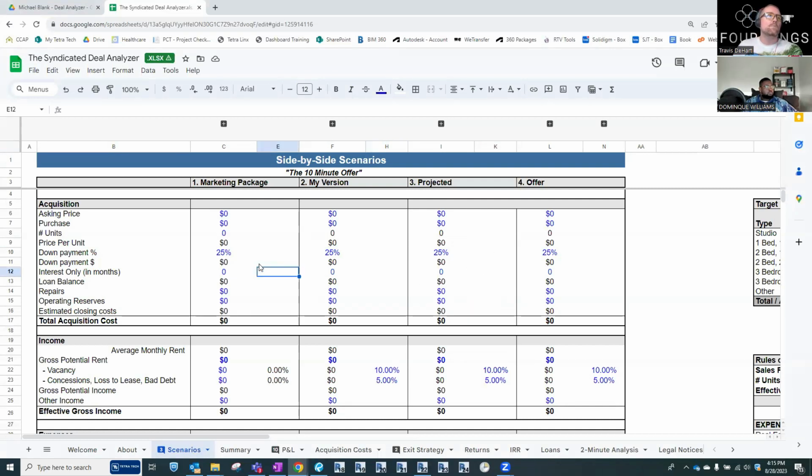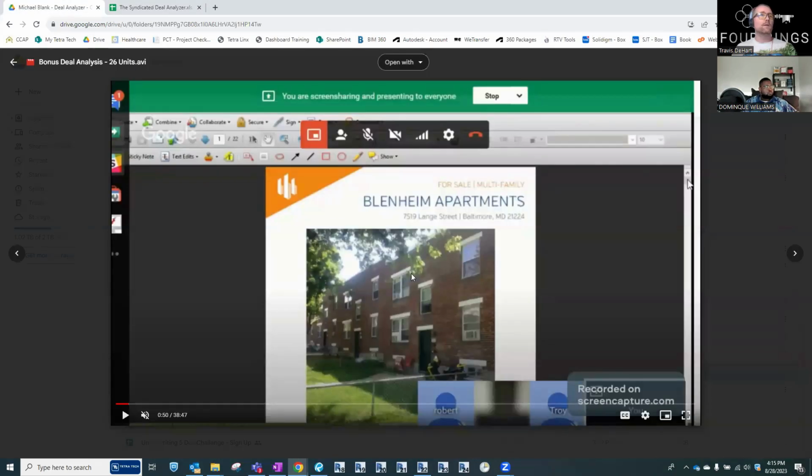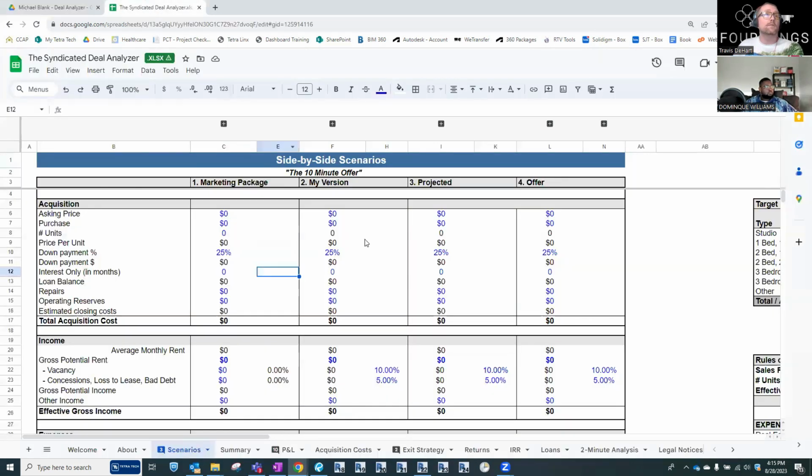With this particular deal, we're going to run through the different numbers that Michael went through on this package. I've written down some of the key pieces of information, so we can start plugging those in. One key piece is definitely the asking price.